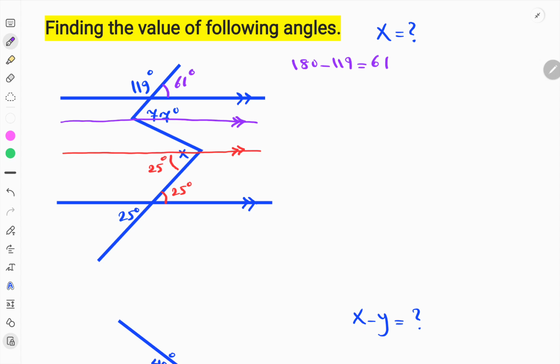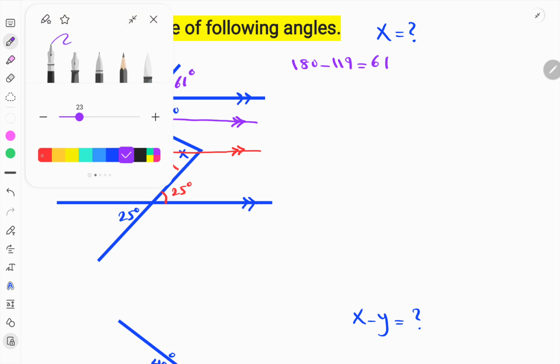Okay, and then you know that this angle and this one are two corresponding angles and they are equal because we have two parallel lines. So this part is 61 degrees as well.